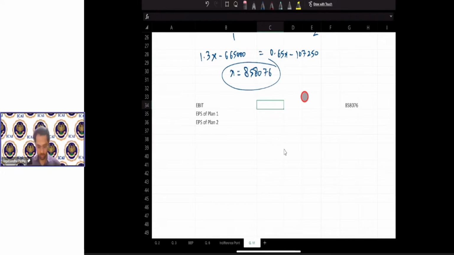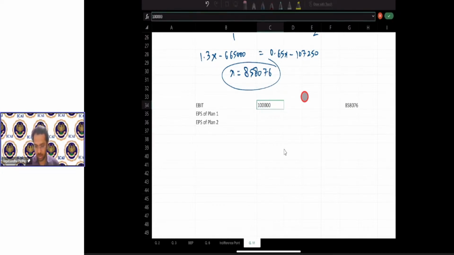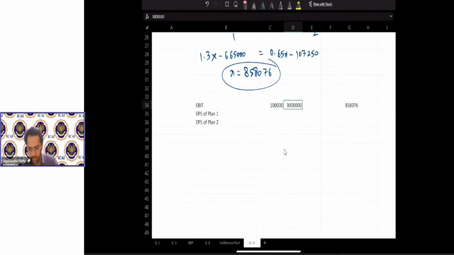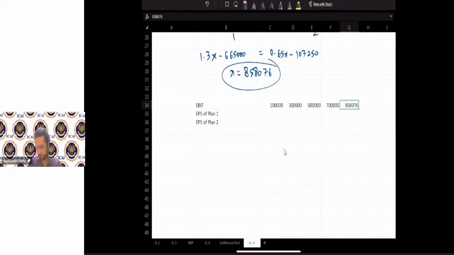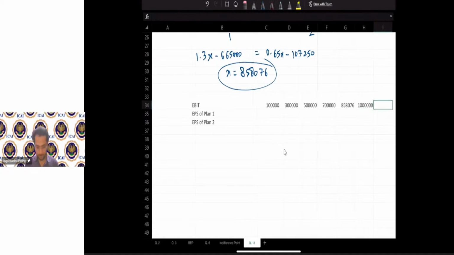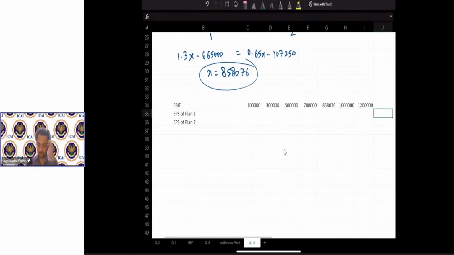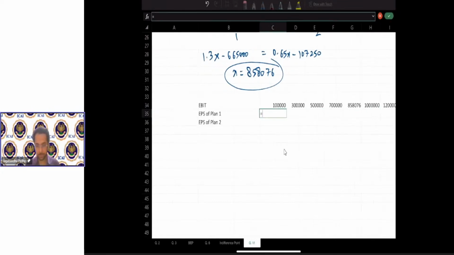Let me take EBIT as maybe just 1 lakh, maybe another 3 lakh, then maybe it is 5 lakh, then 7 lakh, 8 lakh, and then you have this 10 lakh, 12 lakh, and 14 lakh.